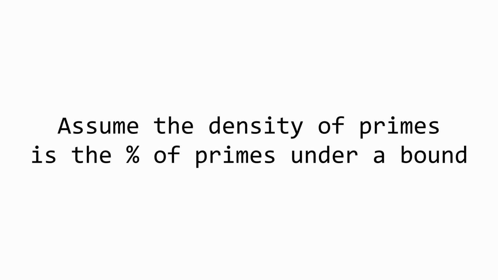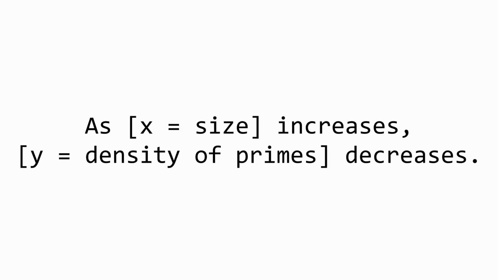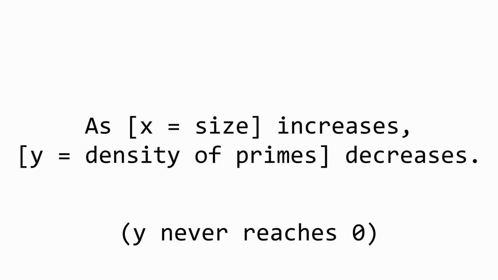Assume the density of primes represents the percentage of numbers that are prime below a given bound. As x equals size increases, we can find that the y equals density of primes decreases. However, this relationship isn't linear, and the prime density never reaches 0. In fact, it seems as if it's an inversely logarithmic function, such as 1 over log of x.